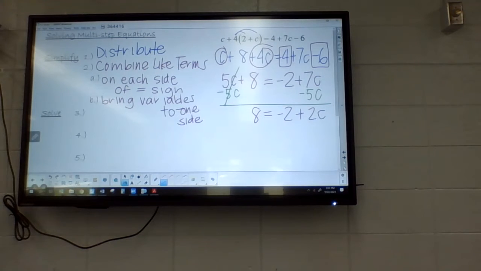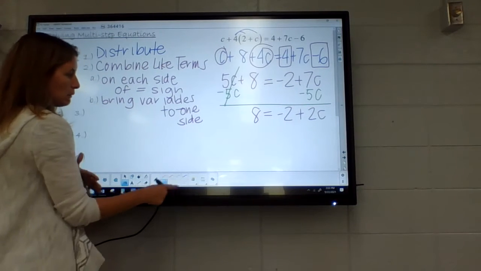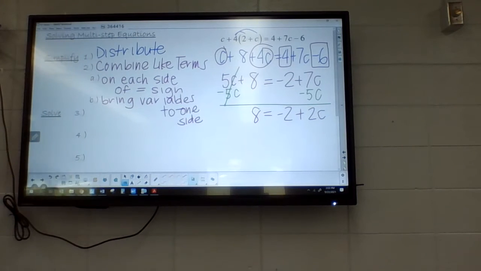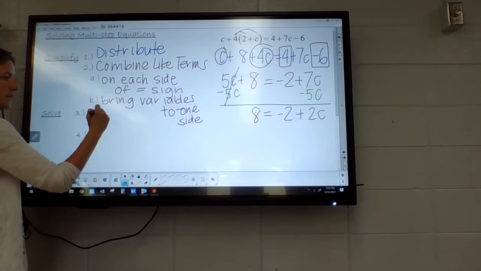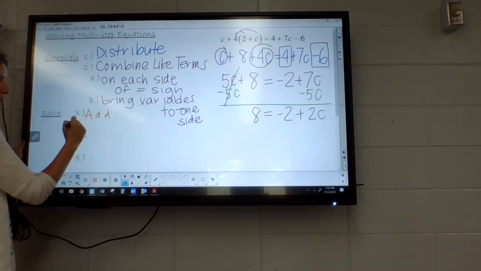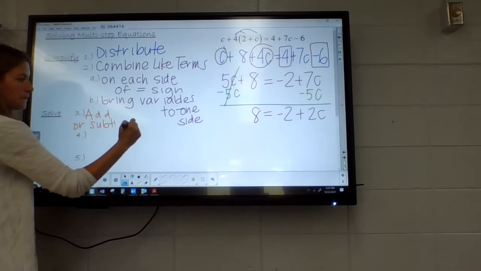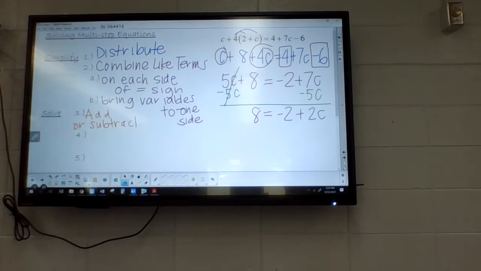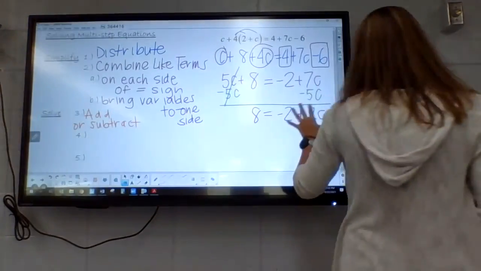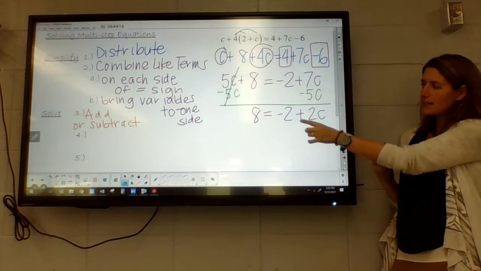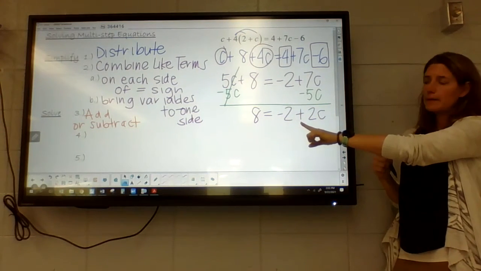All right, now we're getting into actually just solving equations, pretty routine steps here. The next step is we're going to try to get the variable alone by moving addition or subtraction away. So I'm going to add or subtract to get that C all alone. Looking at what's happening to C, I'd like to move that -2 away.